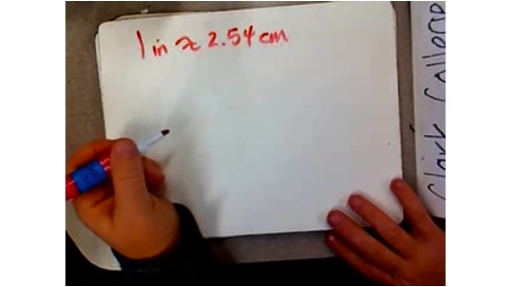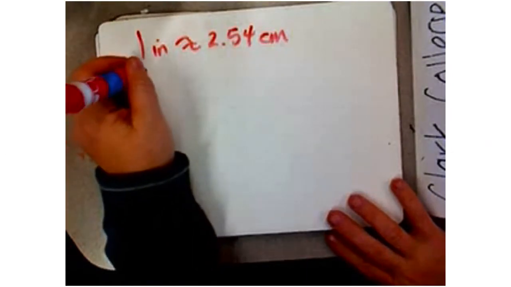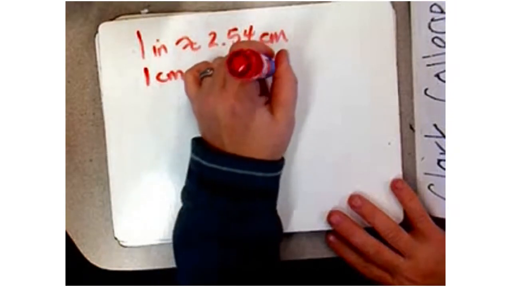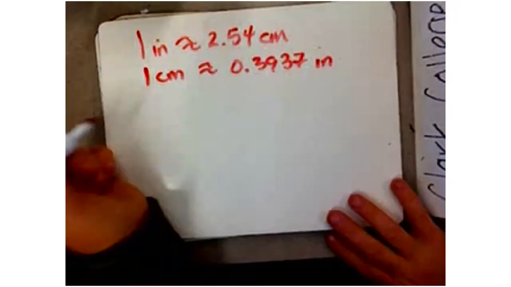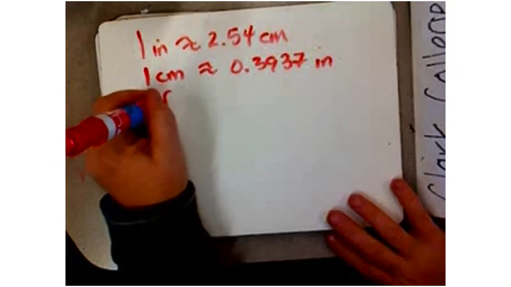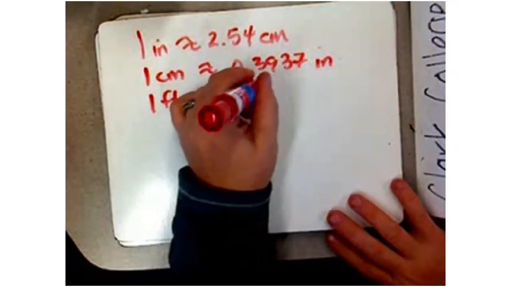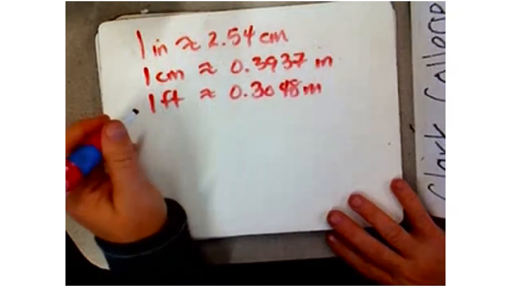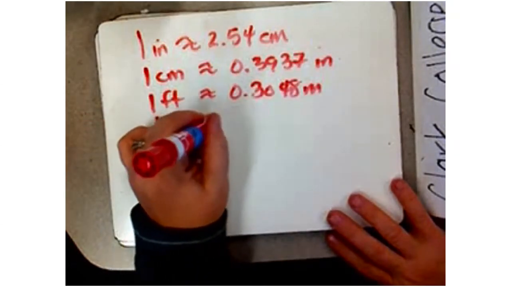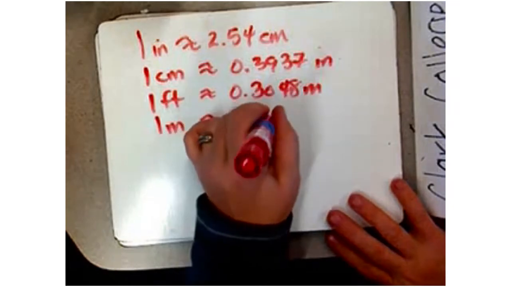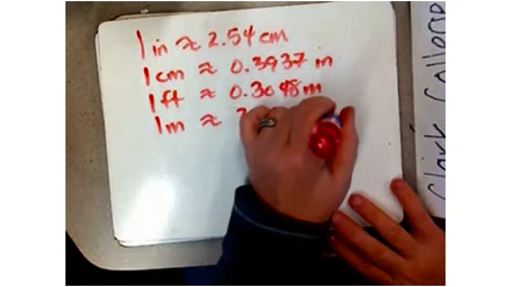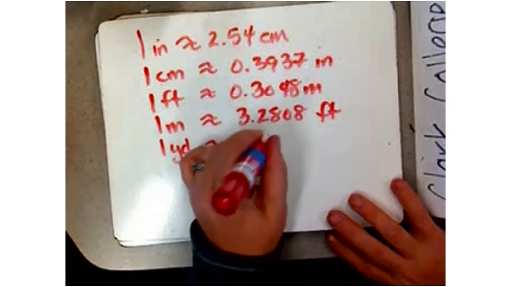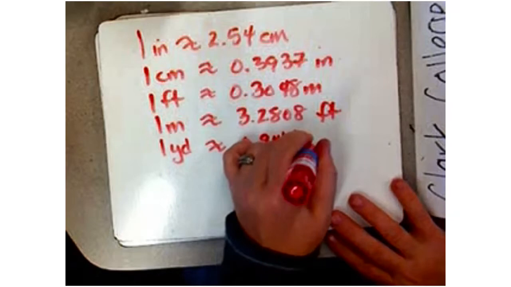It's not an approximate. Or vice versa, 1 centimeter is approximately 0.3937 inches. And 1 foot is approximately 0.3048 meters. And 1 meter is approximately 3.2808 feet. And then 1 yard is approximately 0.9144 meters.